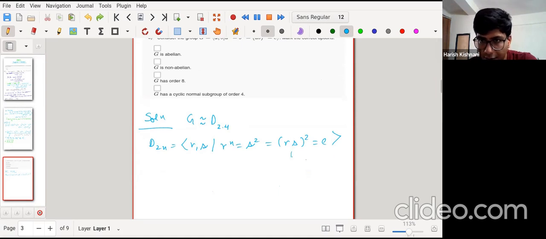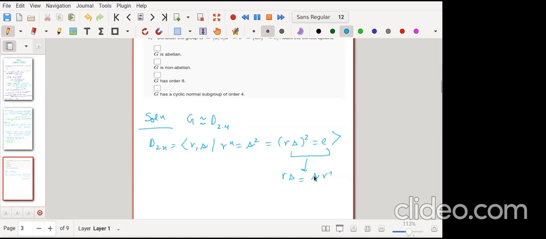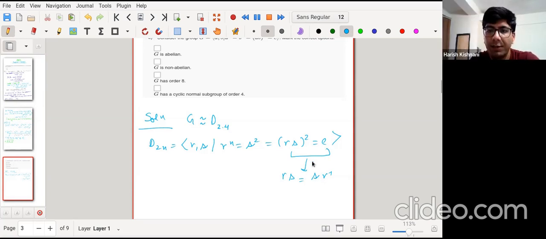They also say that this relation is the same as rs equals s r inverse, but that also implies that (rs) squared is identity, because s is equal to s inverse. So you can take s to this side, and that will give you (rs) squared is equal to identity. So G is isomorphic to D4 or D8, whatever notation you are following.